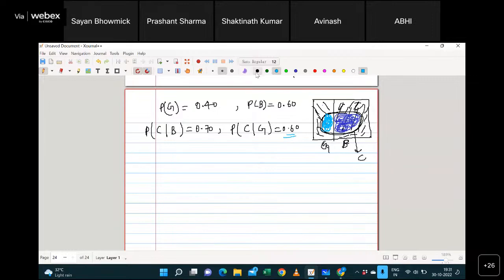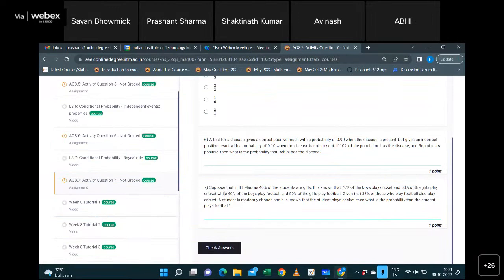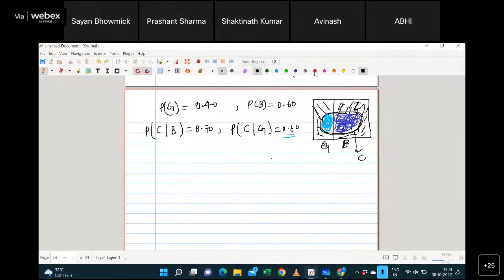So far it's clear. Now come to the next: 40% of boys play football and 50% of girls play football. So there is another event for football. Suppose this red region is football. How many percent?